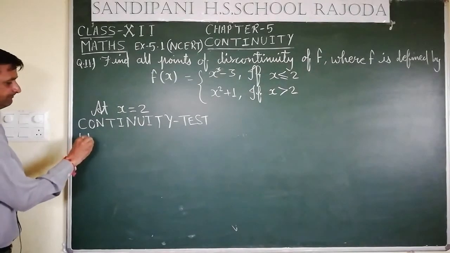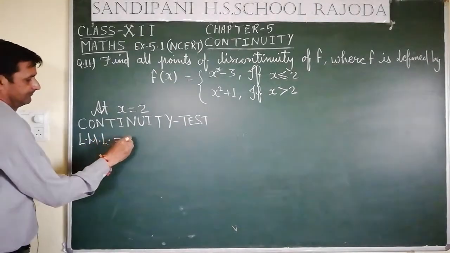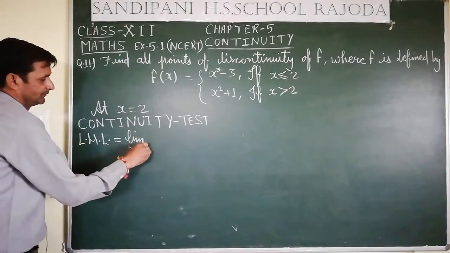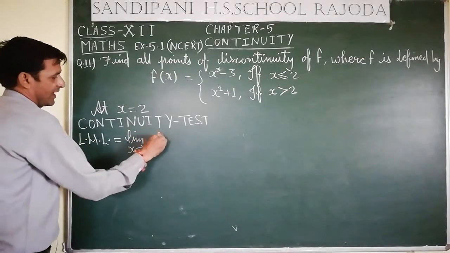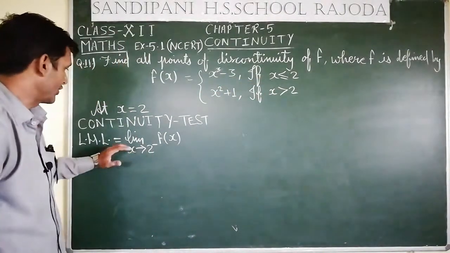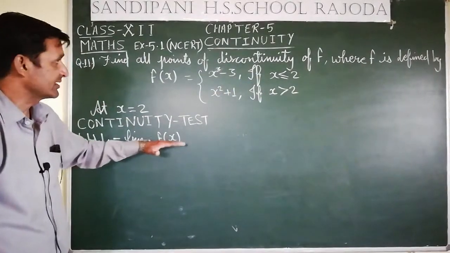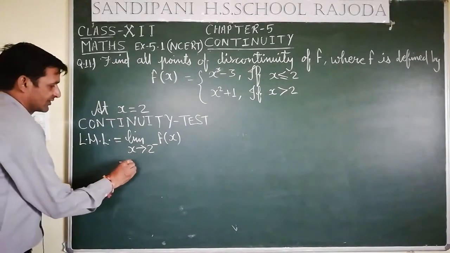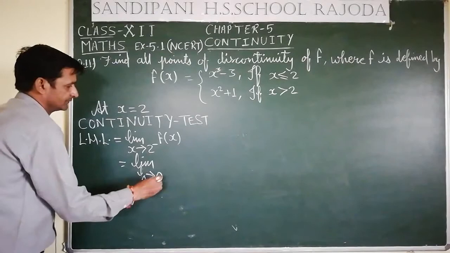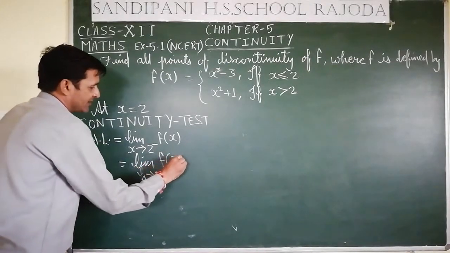LHL, that is equal to limit x tends to 2 minus f of x, because at 2 we are discussing, which is equal to limit h tends to 0 f of 2 minus h.